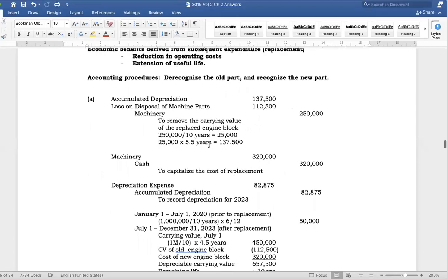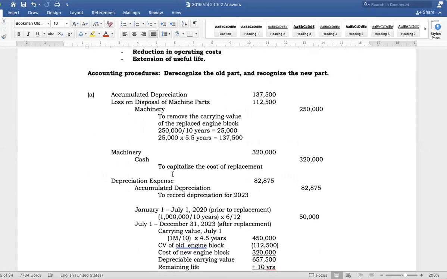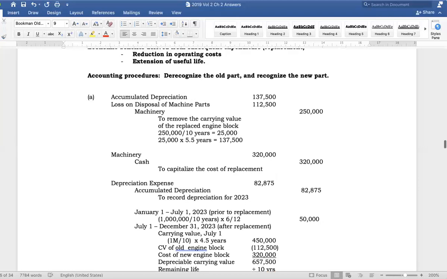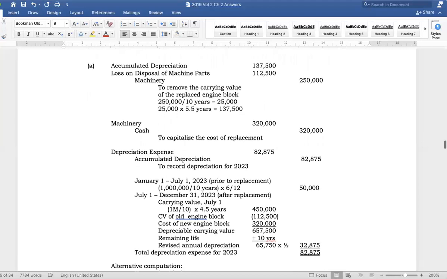From January 1, 2023 to July 1, 2023, prior to the replacement, we have 1 million divided by 10 times 6/12.